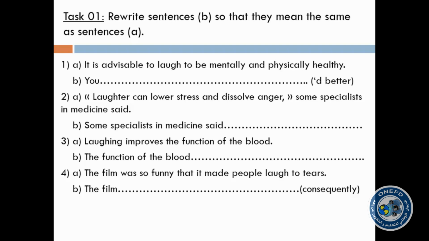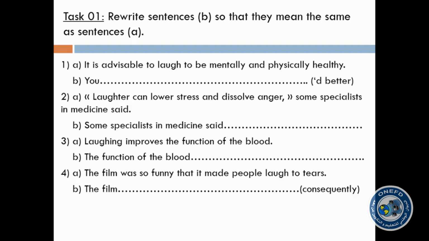Rewrite sentences B so that they mean the same as sentences A. You have 4 A sentences, and you have 4 B sentences that you need to rewrite in a way so that they mean the same as sentences A. Again, this is a pretty common question in your baccalaureate exam. So let's take a look at the sentences.